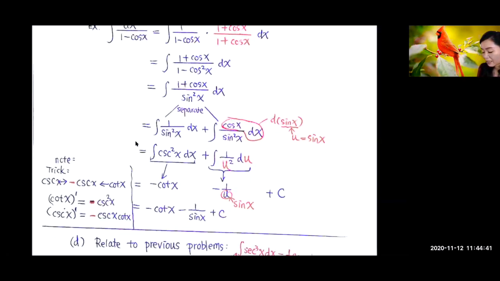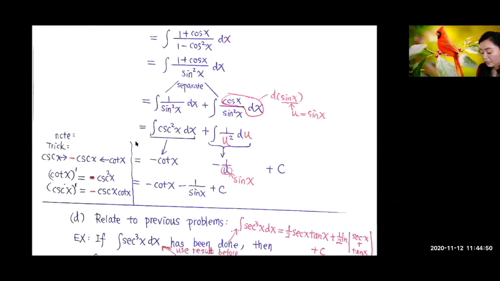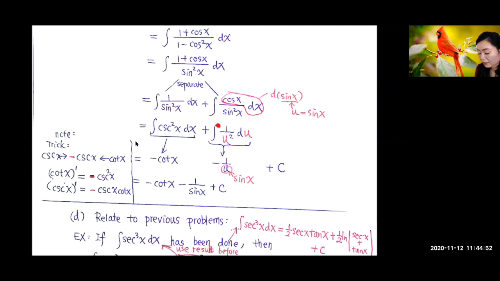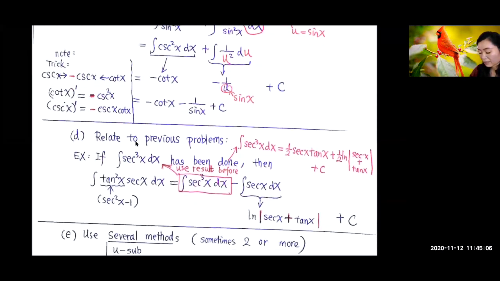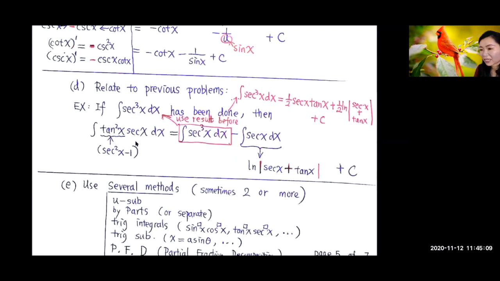And then that becomes d sine x, and then let u be sine x. Notice that you can write this as u to the negative 2nd power, and then you find the antiderivative over here, and finally return back to x, right? I'm not going to test on those.